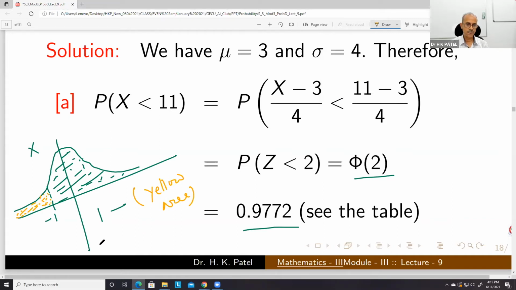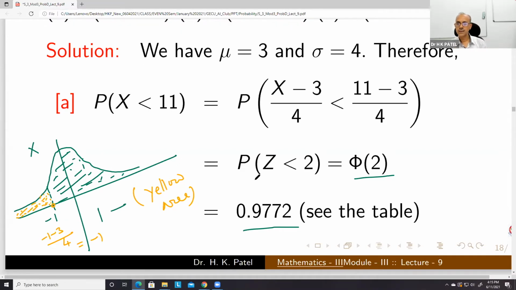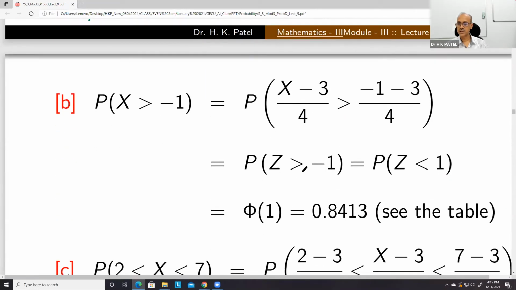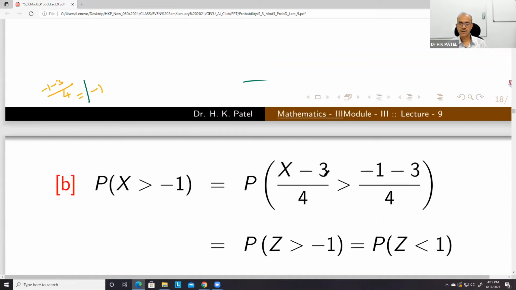Now this yellow area is actually, so you can find the z value corresponding to minus 1. So this is minus 1 minus 3 upon 4. So that is equal to again minus 1. Okay. So this is z greater than minus 1.